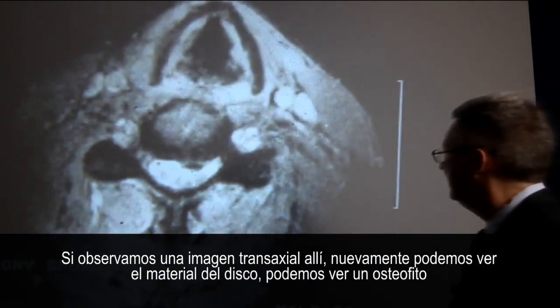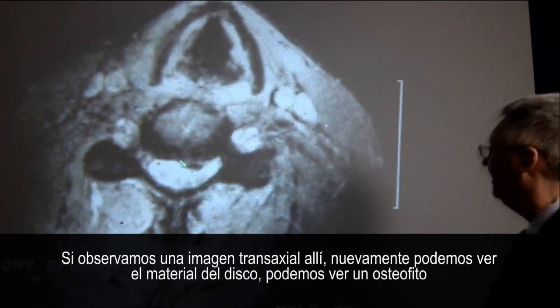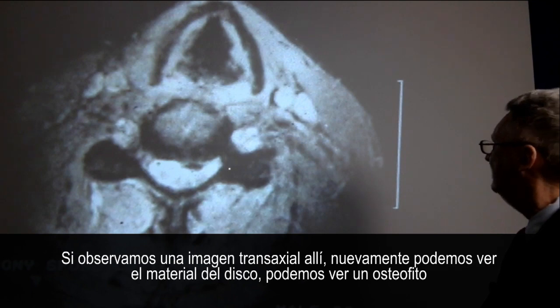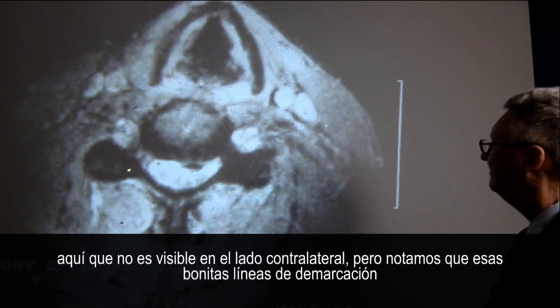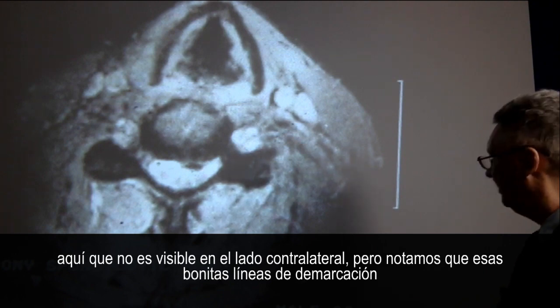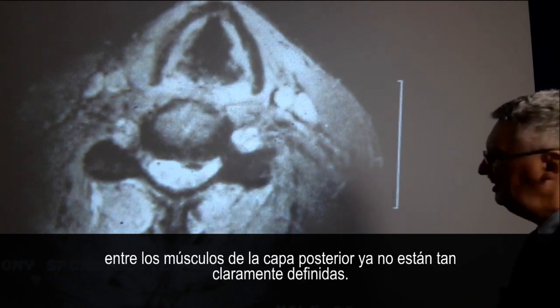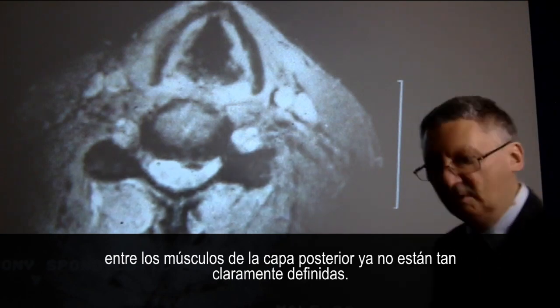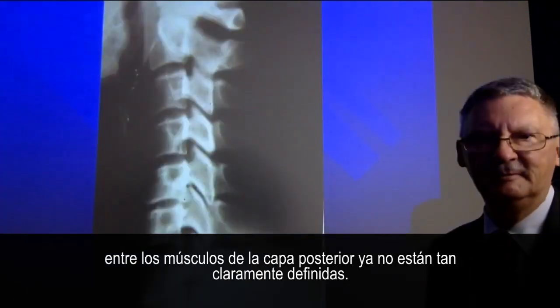If we take a look at a transaxial image there, again we can see the disc material. We can see an osteophyte here that's not visible on the contralateral side, but notice that those nice sharp lines of demarcation between the back layer muscles are no longer as clearly defined.